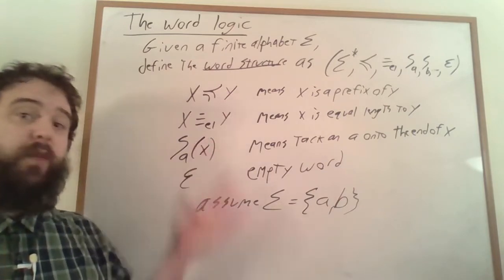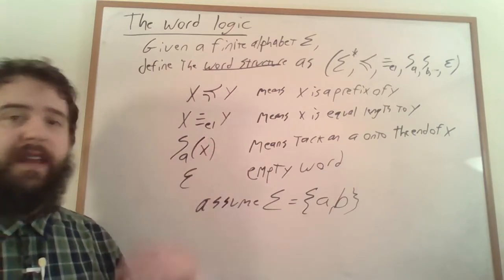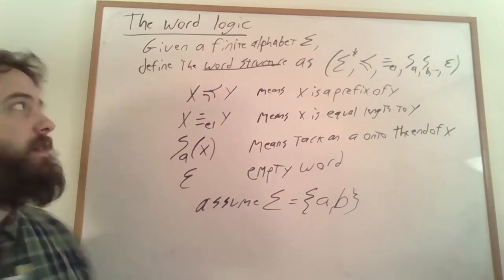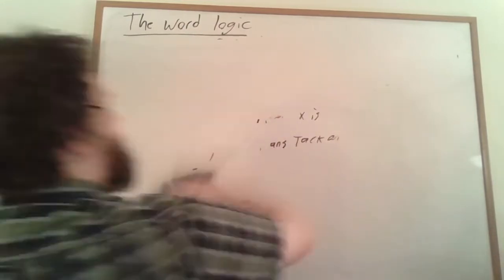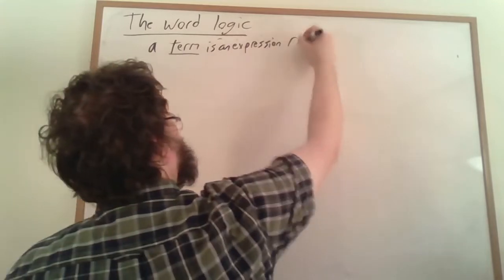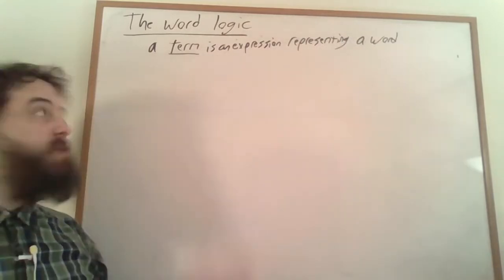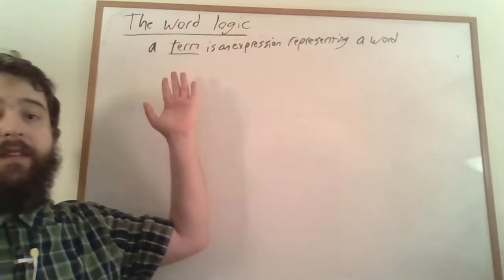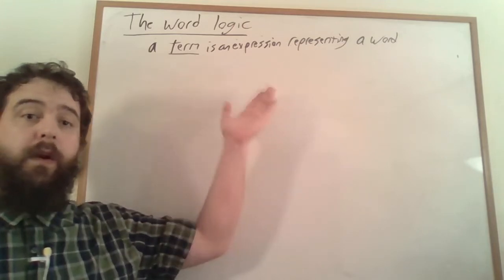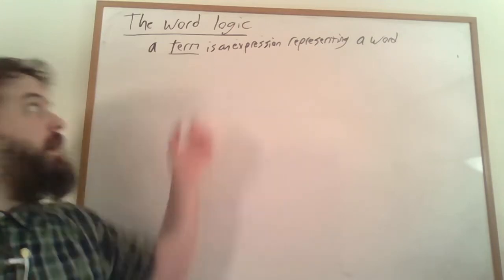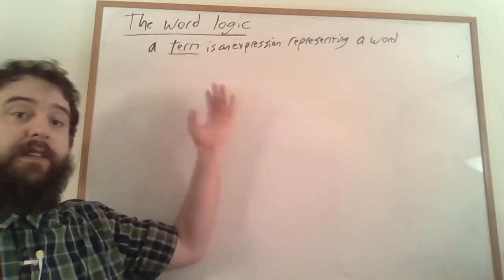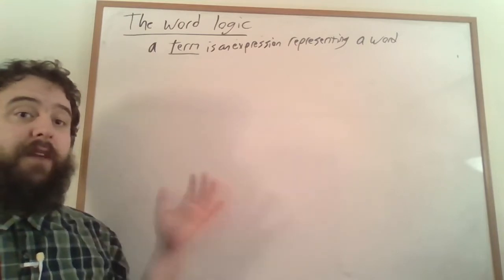From this base, we can construct logical formulas, and I'd like to be precise about that process. So we'll start off with terms. A term is an expression representing a word, or generally speaking, a term for any structure is an expression representing an element of that structure.